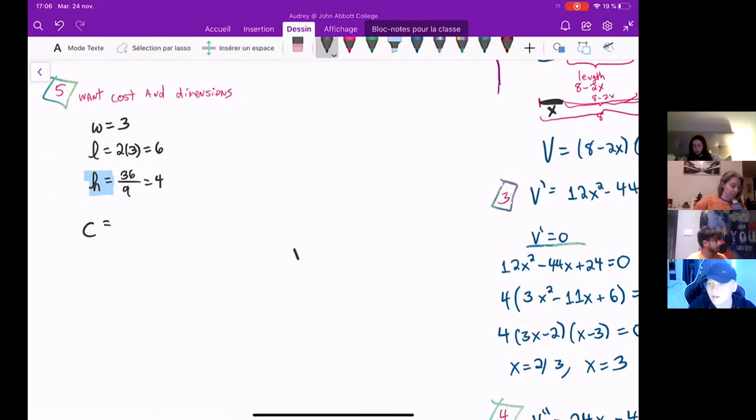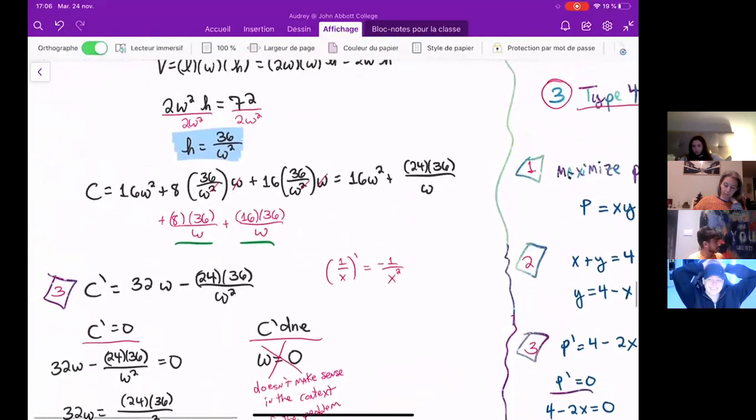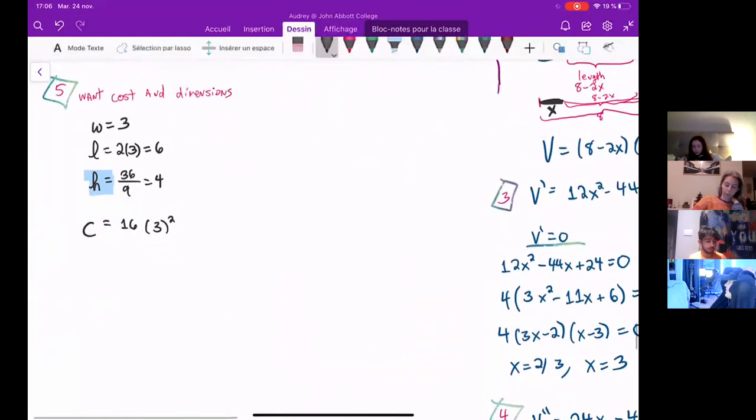And then the cost itself, we're going to plug that W into our cost function. And we get this is 16 times 3 squared. What was our cost function? 24 times 36 over W. Plus 24 times 36 over 3.